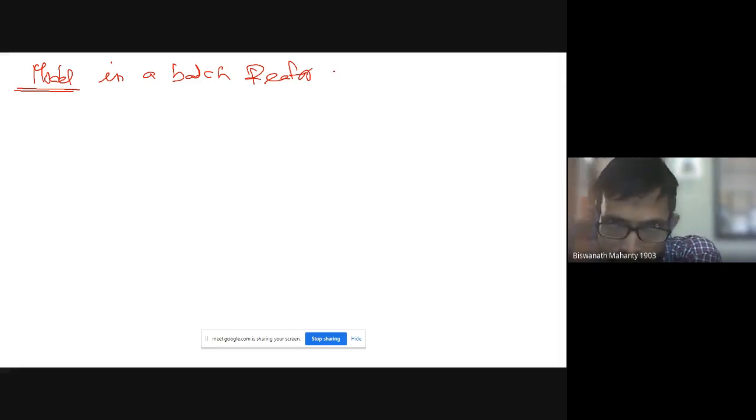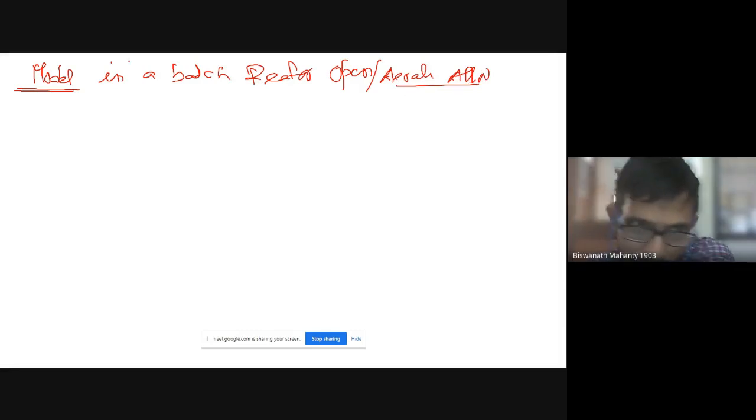Batch reactor open means cotton plugged, for example, or aeration is allowed. A batch reactor which is consuming glucose as the principal substrate, and it is producing acetic acid.